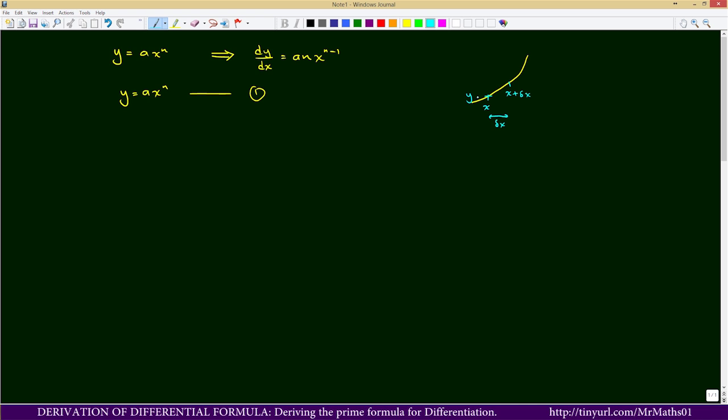And if there is an increase of delta x, there will be a corresponding increase of delta y, so this value is now y plus delta y. So we develop a new equation: y plus delta y equals a times x plus delta x to the nth power, and I call this equation 2.